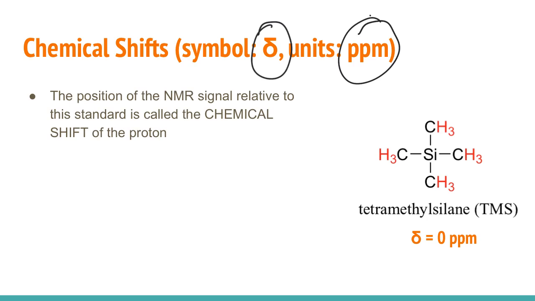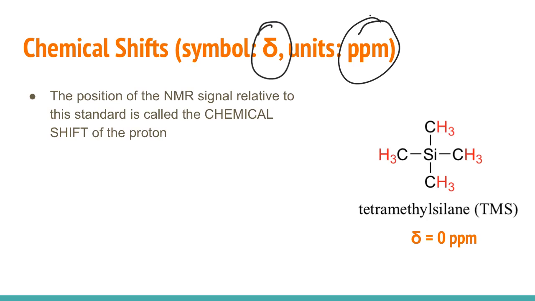When the nuclei flip and you get that resonance, the signal that is recorded is the chemical shift. We're going to look at just the chemical shifts of protons. Protons can be in different chemical environments, so they are going to produce different signals in the spectrum depending on what chemical environment they are in.